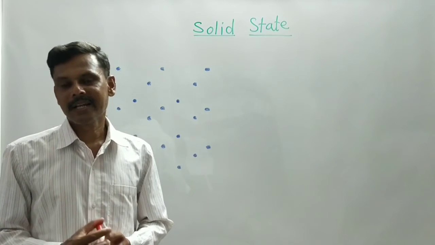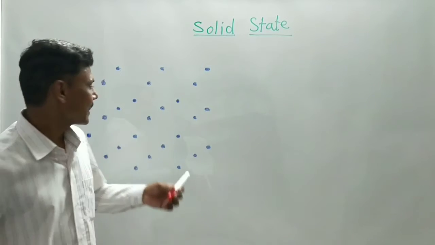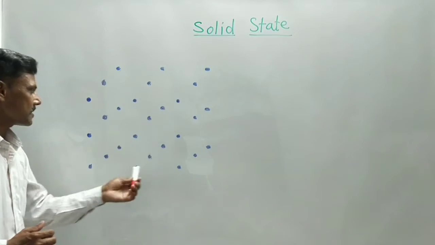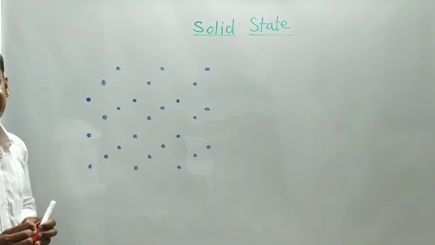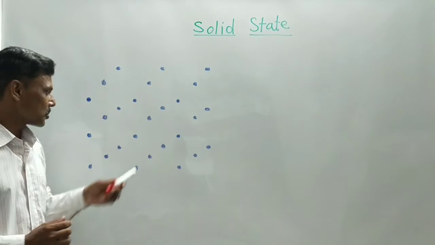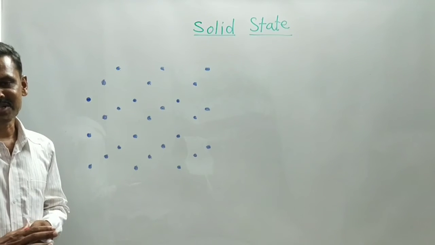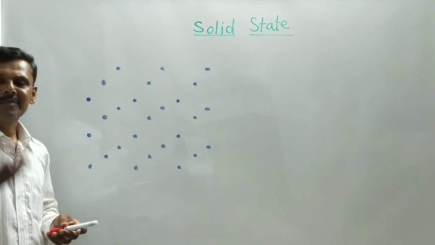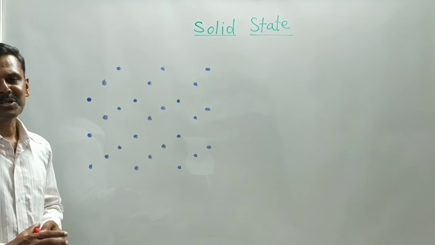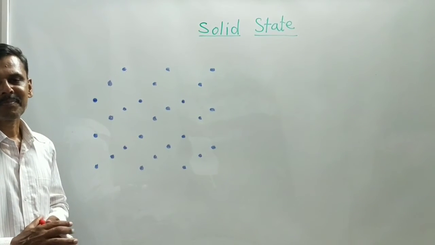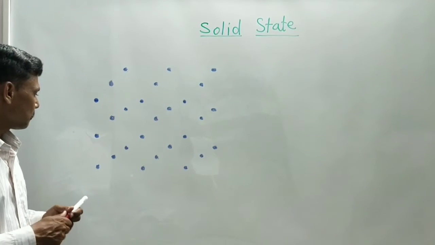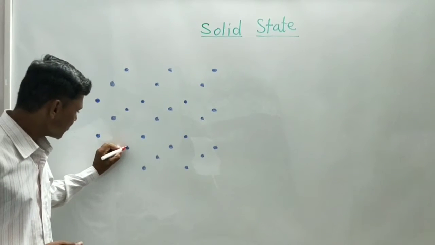Now friends, let us consider a lattice. Actually, it is a two-dimensional arrangement. We convert it into three dimensions by using our three axes. Suppose we consider this point.